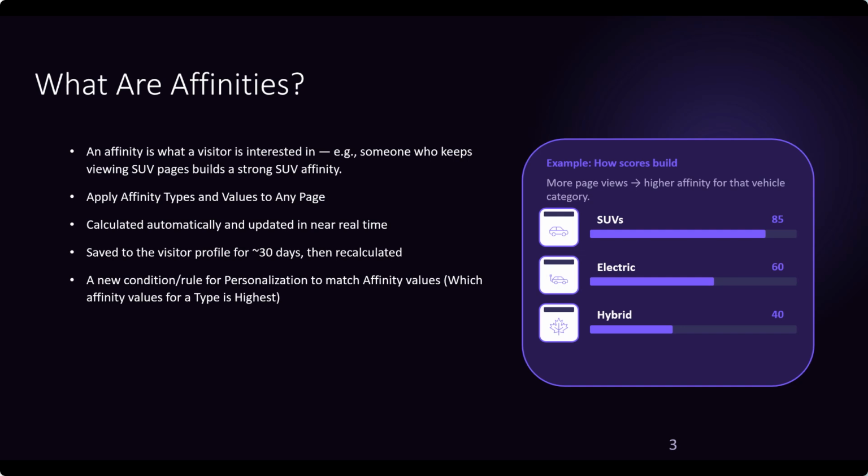So what are affinities? Affinities is what a visitor is interested in. It's a concept similar to the attribution that I was mentioning before. Each page you can assign attributes to. Maybe you have a catalog of products.